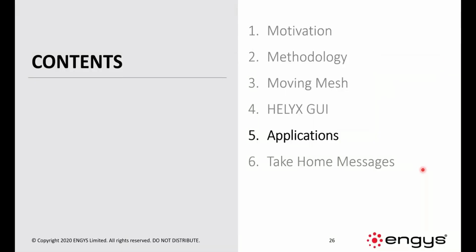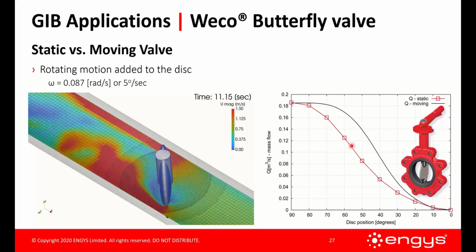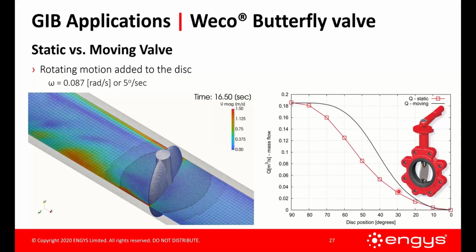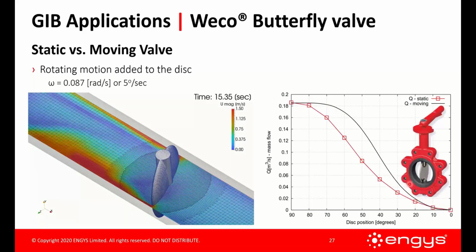All right, let me talk a little bit more about some of the applications. The first one that I'll talk about is a comparison between the static motion. So we've got different valve positions, and we're looking at flow rate versus valve position for different steady state simulations, versus looking at a fully dynamic behavior of this valve closing over time.